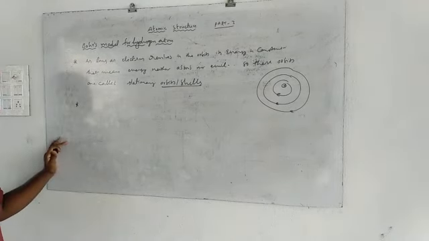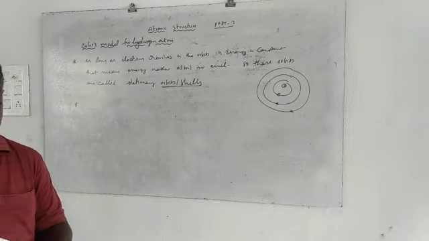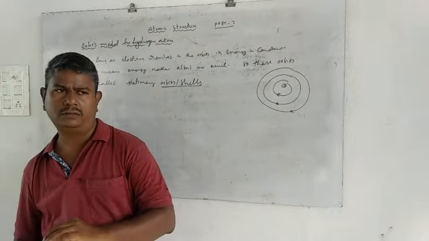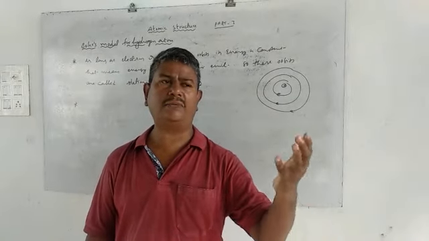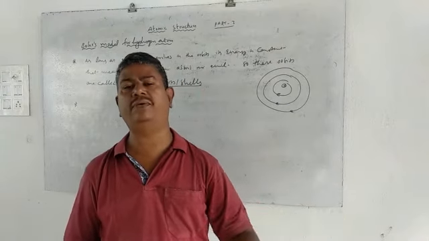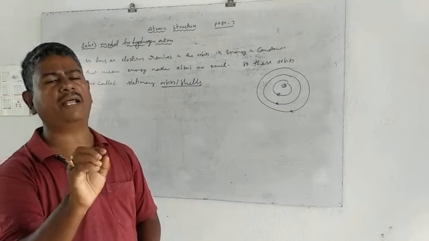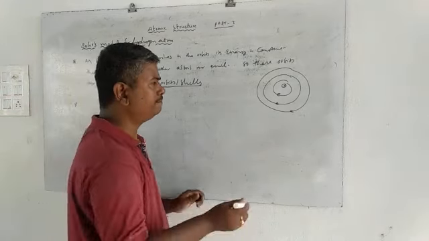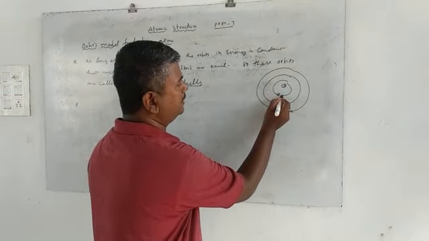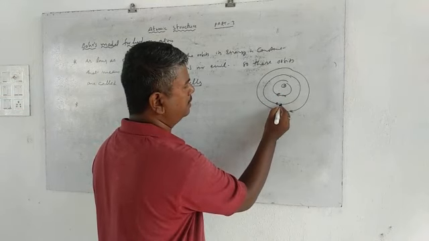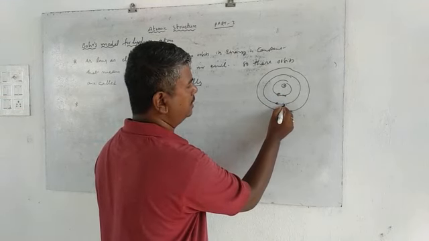The second one: when an electron jumps either from a higher energy level to a lower energy level, or from a lower energy level to a higher energy level, what happens? For example, this is the N1 orbit, this one is N2.